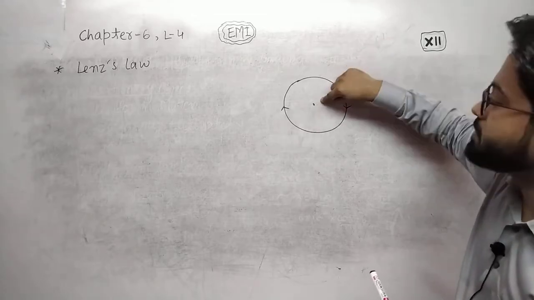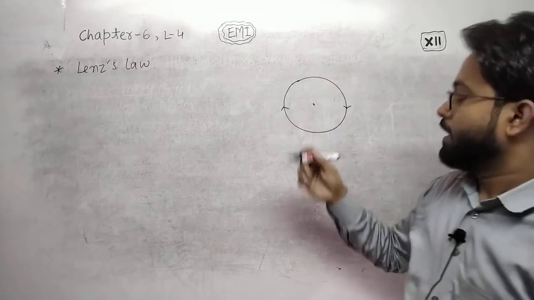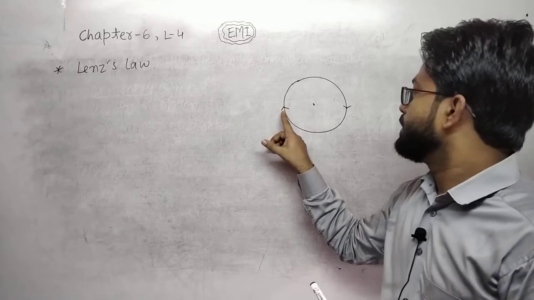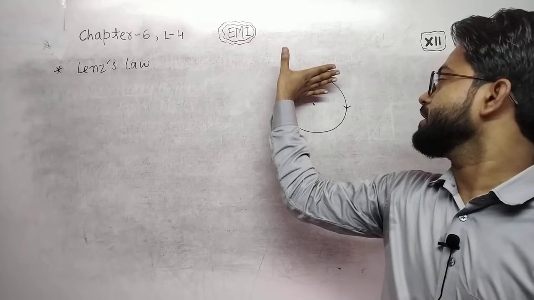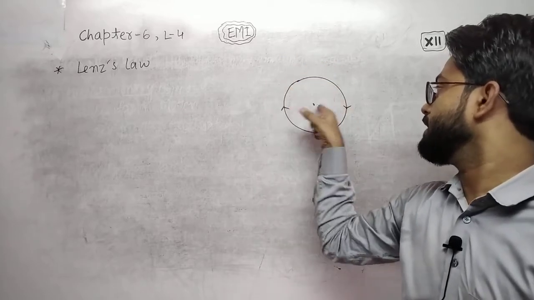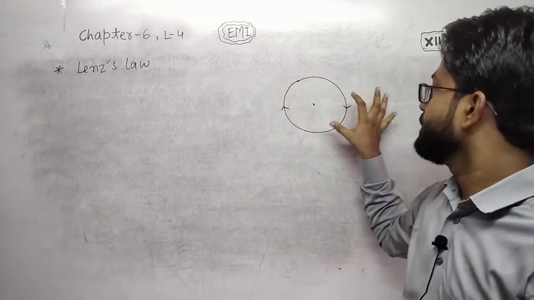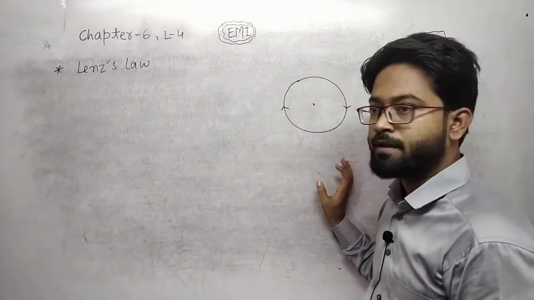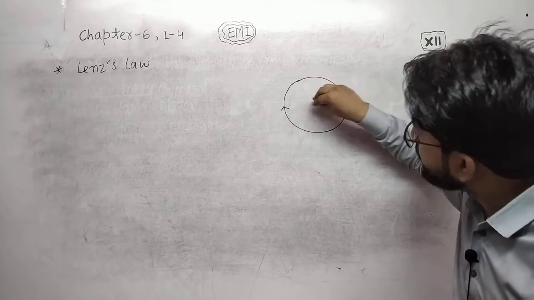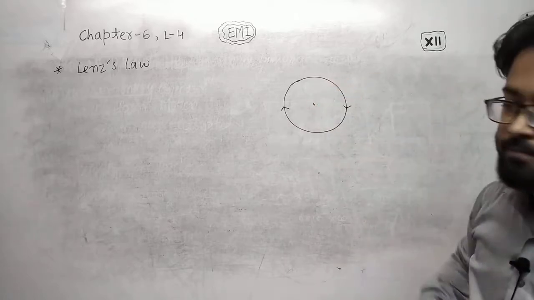The current is in the upward direction, and this is the direction of the magnetic field. Magnetic field will be inside, which means that for the whole circuit, the magnetic field is into the plane.